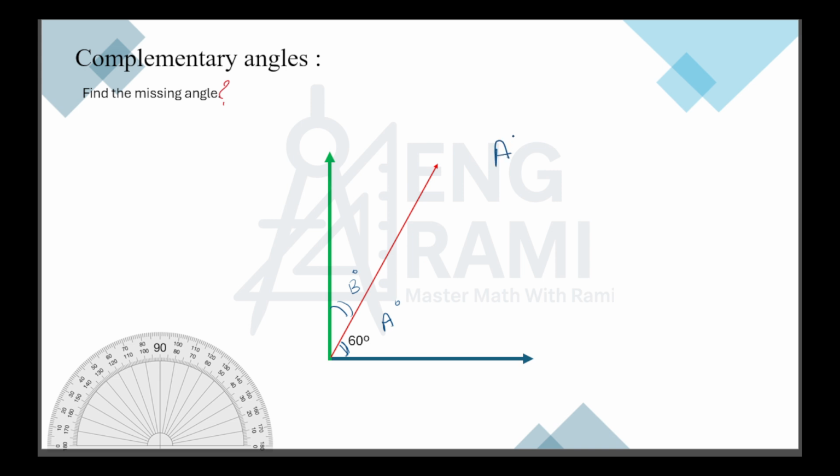Angle A plus angle B equals 90 degrees. This is a right angle. Angle A is 60 plus B, that's what we are looking for, 90. So angle B equals 90 minus 60, which equals 30 degrees. So the answer here is 30 degrees.